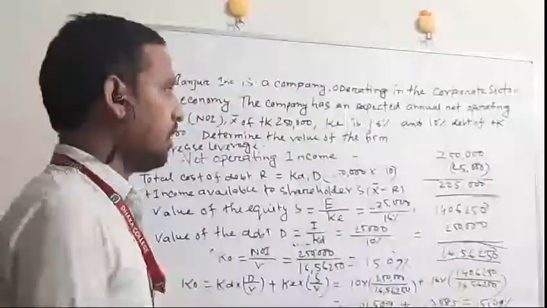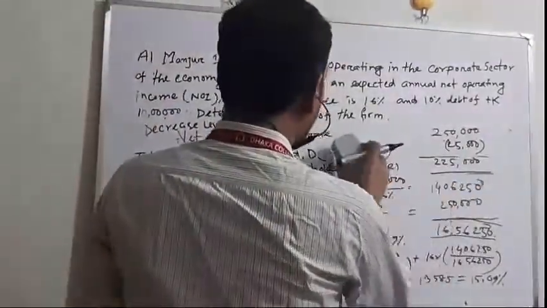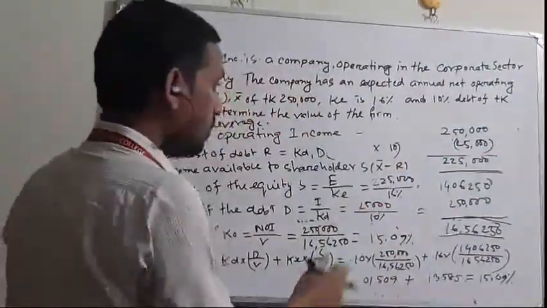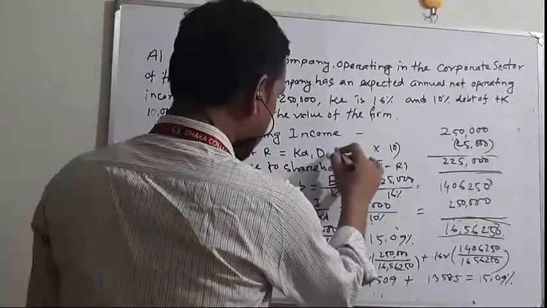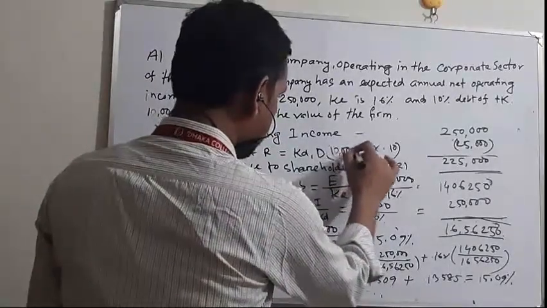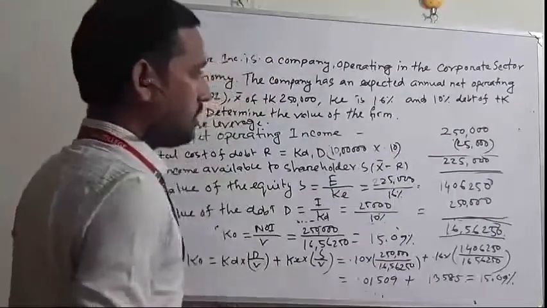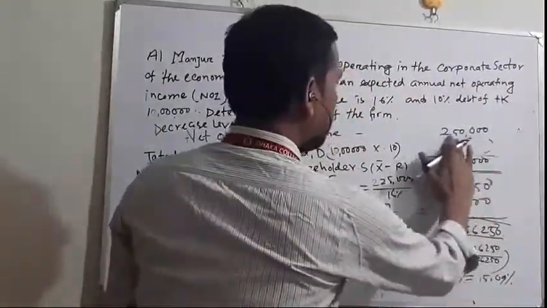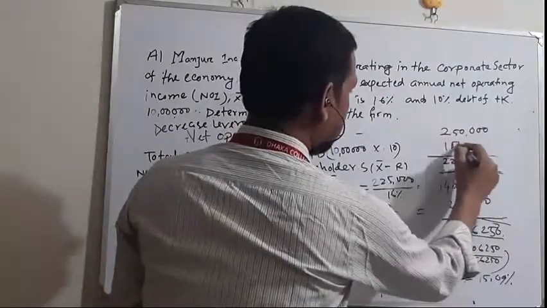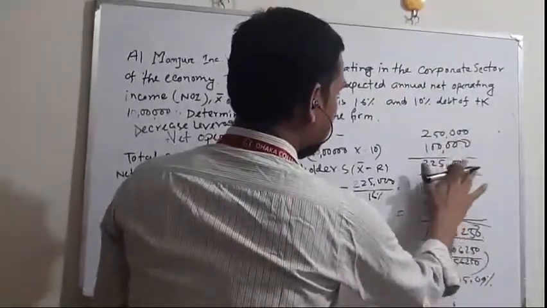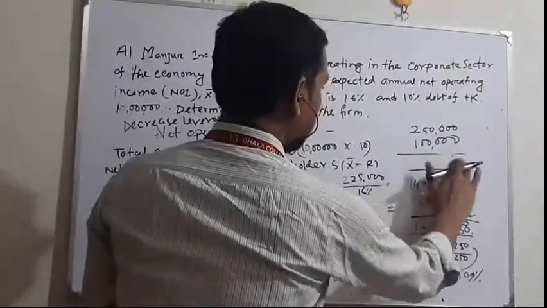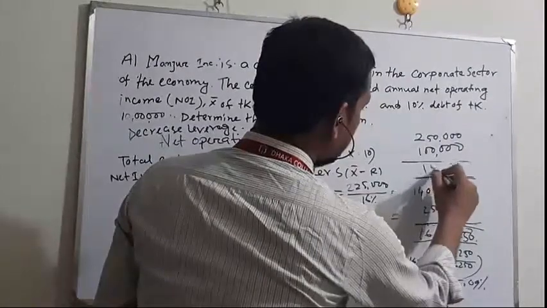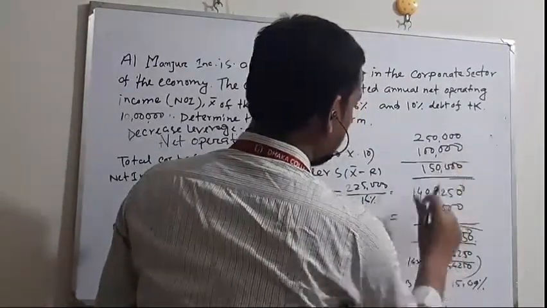And then 10 lakh at 10%, total cost on debt is 1 lakh. Then if we subtract this, we find 1,50,000 taka.